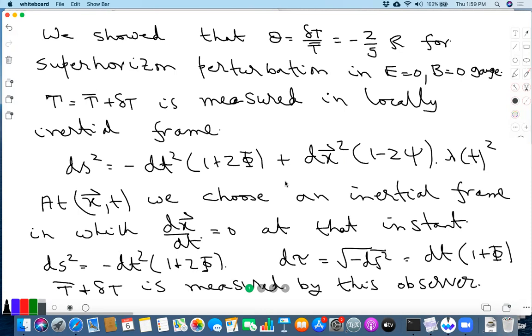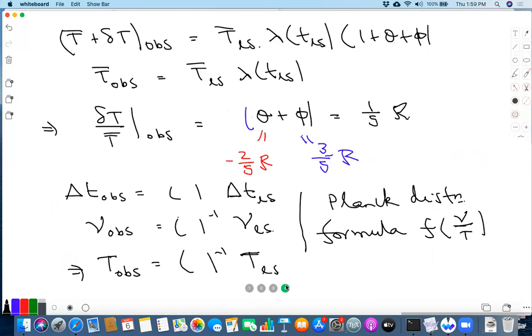Because of this, the volume factors work out automatically. What is non-trivial is the function of nu over t, that is, exponential nu over t minus 1 inverse, that we saw. And that's what you can use to interpret this as a change in temperature.